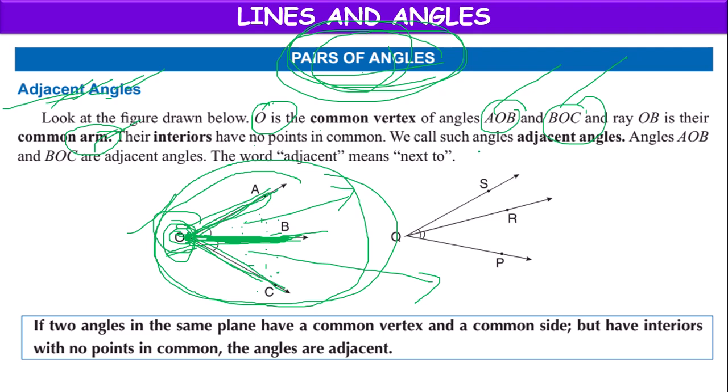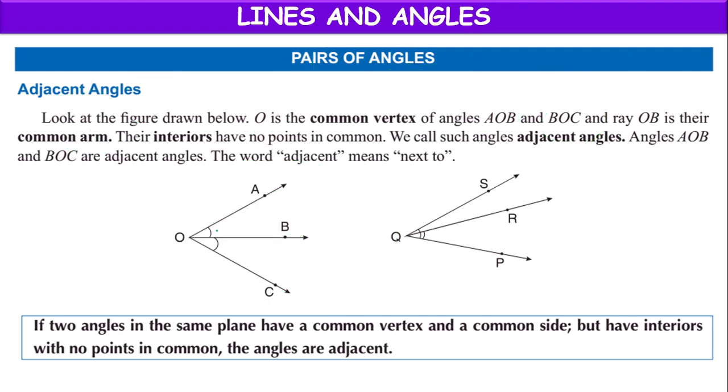So we call these types of angles adjacent angles. So angle AOB and angle BOC are called adjacent angles, means one after another: angle BOC is next to angle AOB.